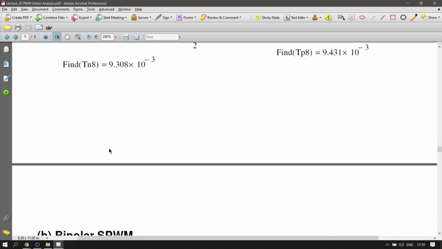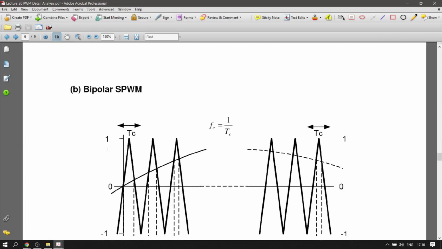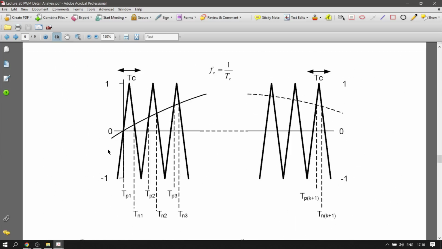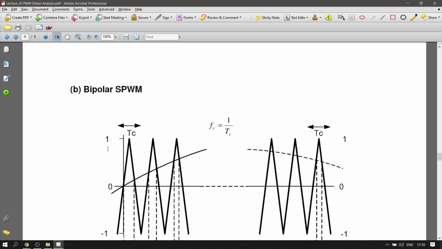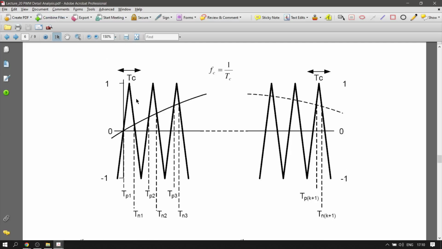Okay, 6 pulse, 8 pulse. Okay, kemudian kita pergi ke bipolar PWM. Yang dia punya apa example nanti saya share dalam WhatsApp. Okay, untuk bipolar PWM dia slightly different. Look at this. Bipolar, remember kita compare the triangular carrier signals, but now it has positive and negative value.